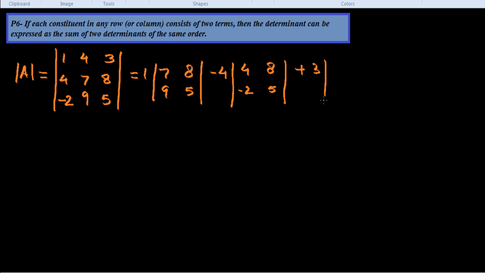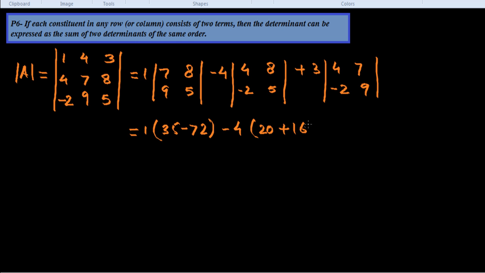Now plus 3 times 4, 7, minus 2, 9. Now simplify this. 1, 7 times 5 is 35, 9 times 8 is 72, minus 4, 4 times 5 is 20, plus 8 times 2 is 16, 3, 9 times 4 is 36, plus 7 times 2 is 14.